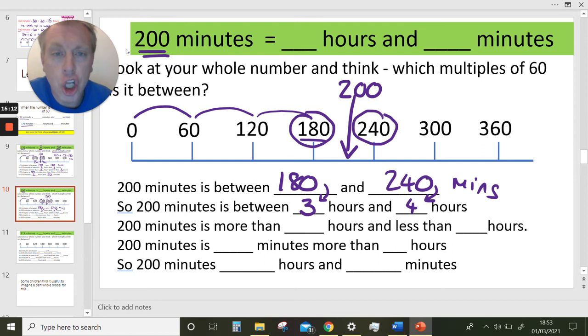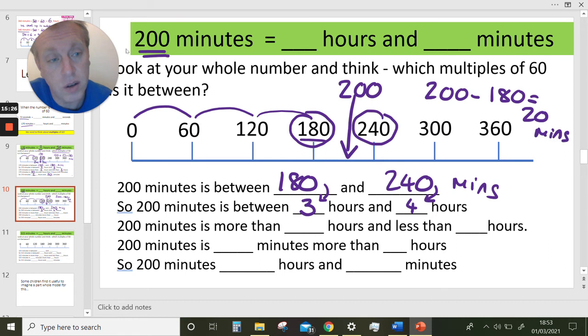Okay, 200 minutes is how many more than 180 minutes? So I could do 200, take away 180, is 20 minutes. Or I could have said 180 minutes add what makes 200 minutes? 20.